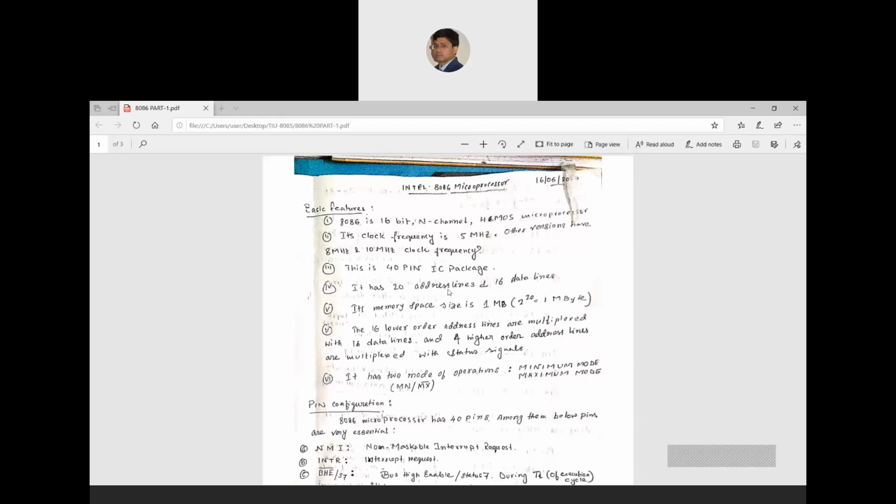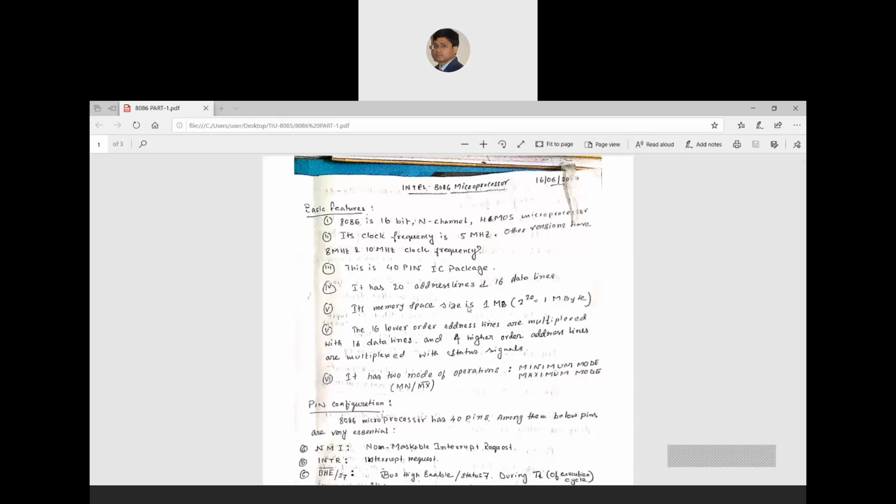Now the next point: as it has a 20-bit address line, 2 to the power 20 means 1 megabyte. That means the memory space is 1 megabyte in size. As we know, the memory block is not an integrated part of the microprocessor, it is an external part.